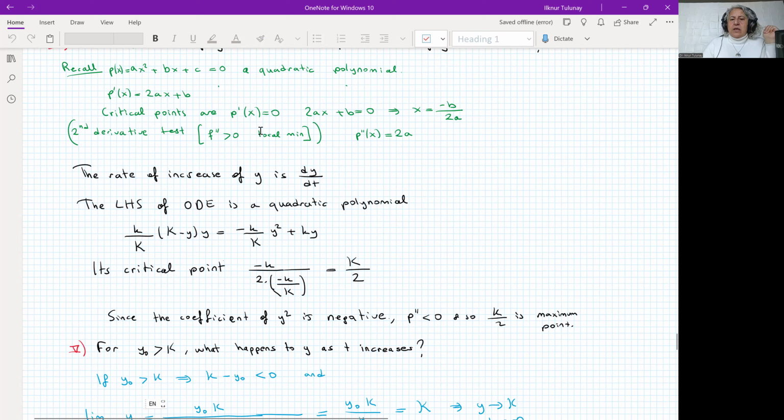So the critical point we obtained is the local maximum. So what is the value of y such that the rate reaches its maximum? If y is equal to k over 2, we reach the local maximum.